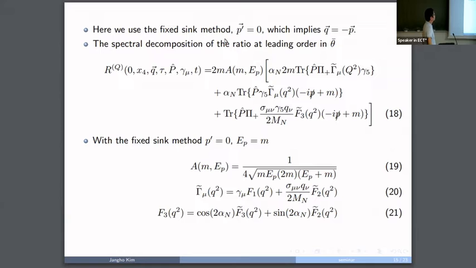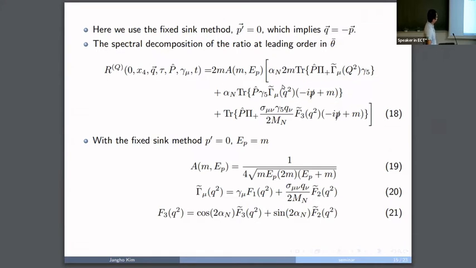It means the momentum at the sink is 0, so the momentum at the source is minus the momentum transfer. From the spectral decomposition, we can write the ratio as a function in this way.